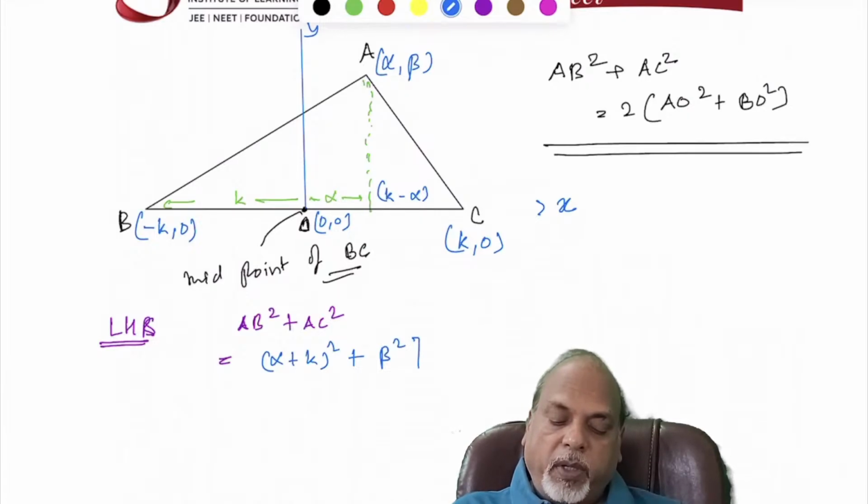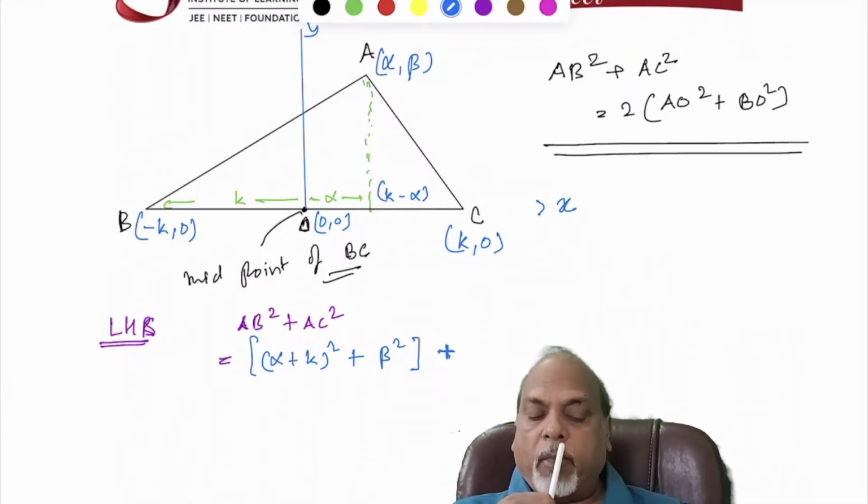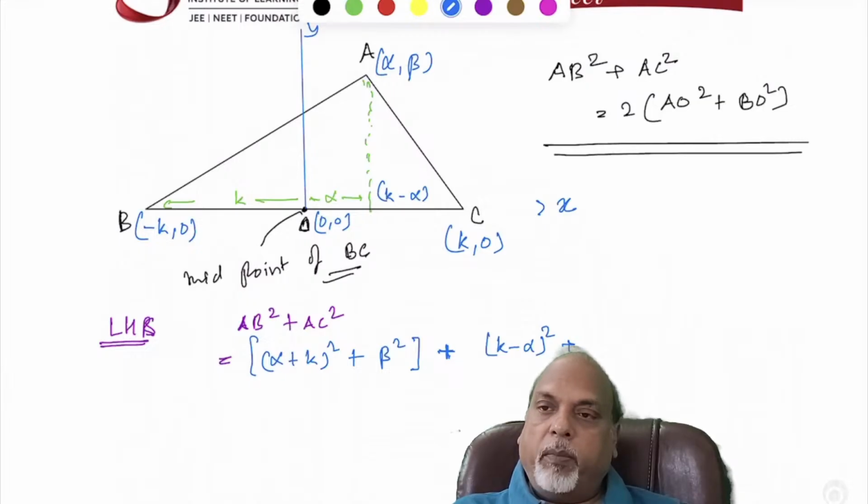Okay, AB square is this, plus what about AC square? AC square is nothing but, if you see, this is K minus alpha square plus beta square.